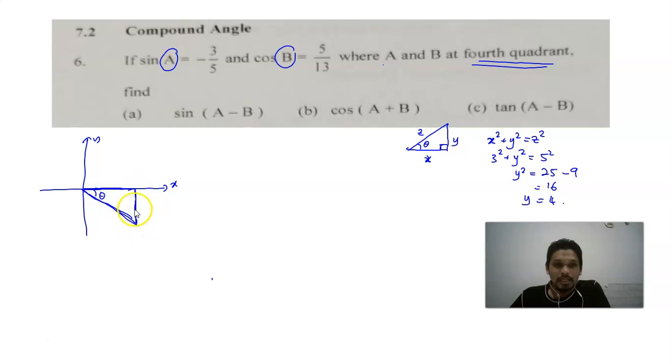Look at this side here, equal to negative 3, so it is negative 3, 5, and here is 4. So now sine A equal to negative 3 over 5. Cos A equal to 4 divided by hypotenuse, which is 4 over 5, and tangent A equal to opposite negative 3 divided by 4, negative 3 over 4.